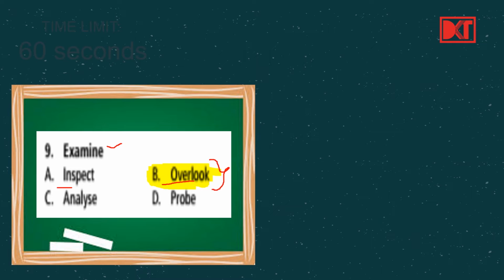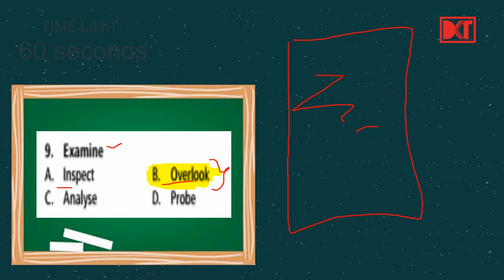For example, there's a detailed document that you have been reading and there was this particular detail that you missed out. So we could say that you overlooked that particular detail. Alright, which means not really ignoring, but something that did not get your attention. Or you missed it. That's overlook.